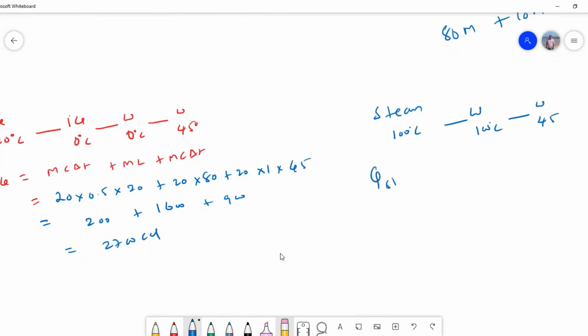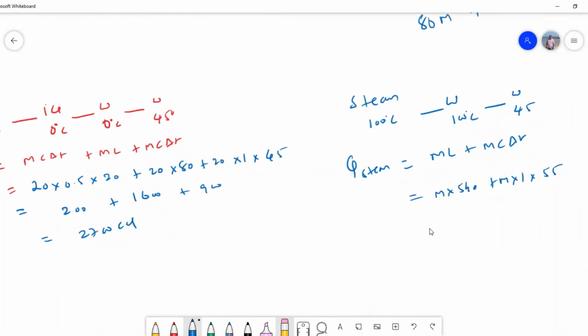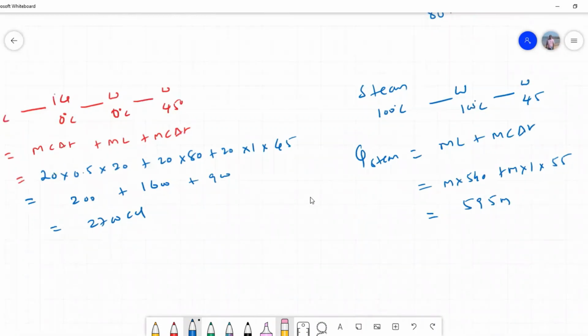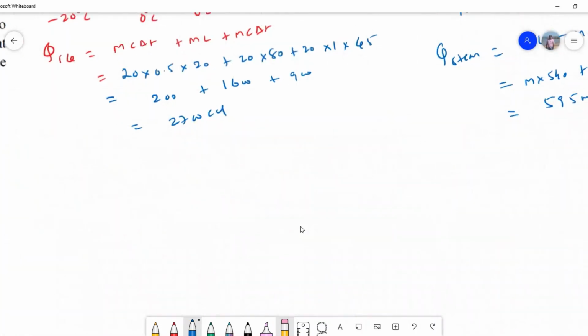So Q lost by steam is equal to mL plus mc delta T. This m we don't know. m into 540 plus m into 1 into 100 minus 45, which is 55. So this will be 595 m.